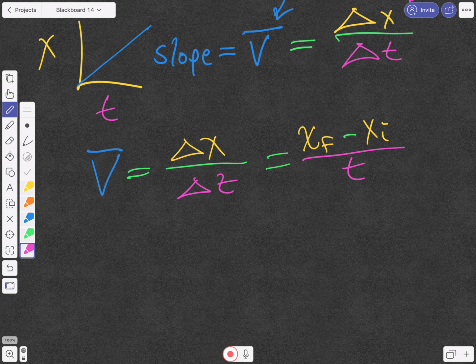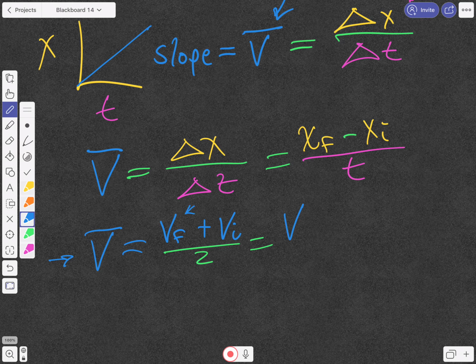Also, if we're talking about our average velocity, a thing to remember is that our average velocity is going to be our velocity final plus our velocity initial, and we're going to divide that by 2. That's how you take the average of two numbers. And like we said before, this will become v instead of v final.